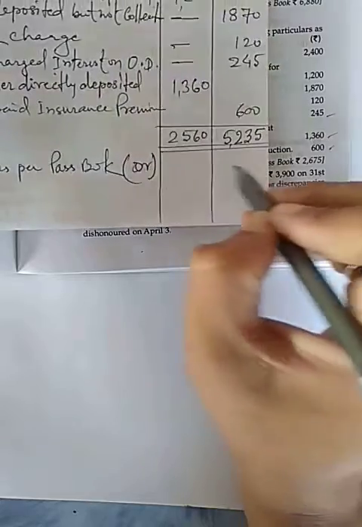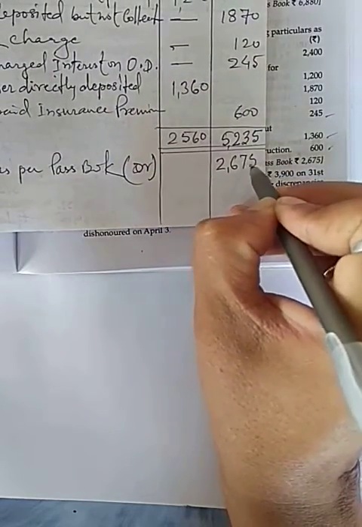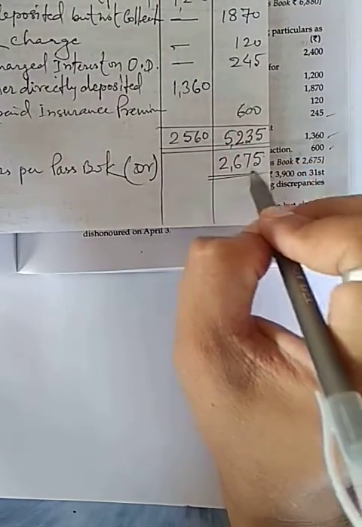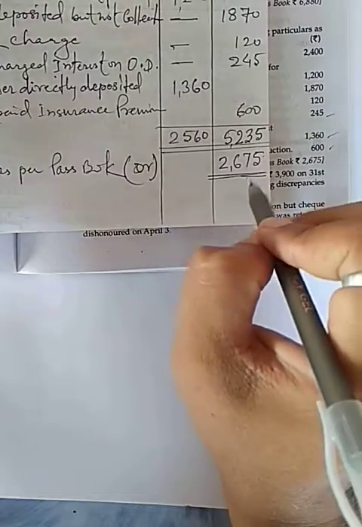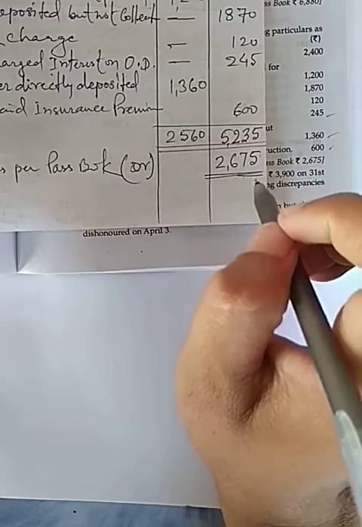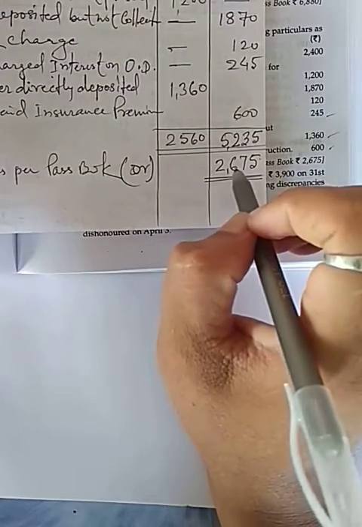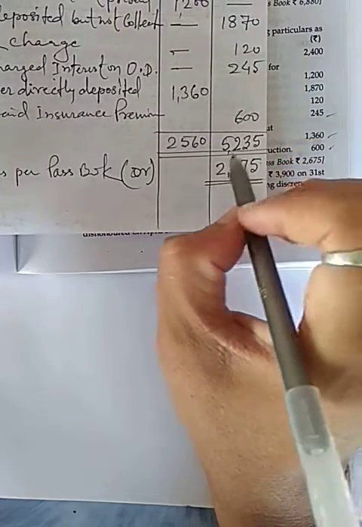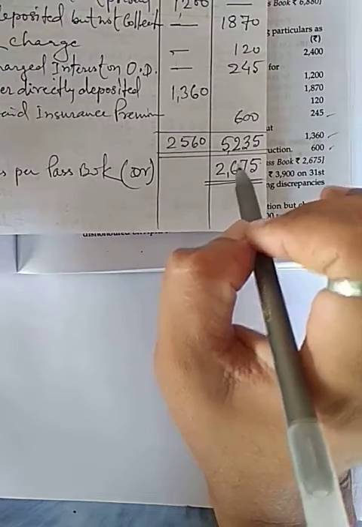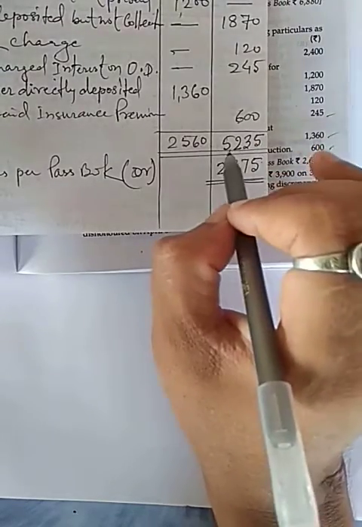So difference will be 2675 rupees, and it will shift in minus side, because we have explained that in my previous video also. Only those side balance will shift in that side, increasing balance is showing.